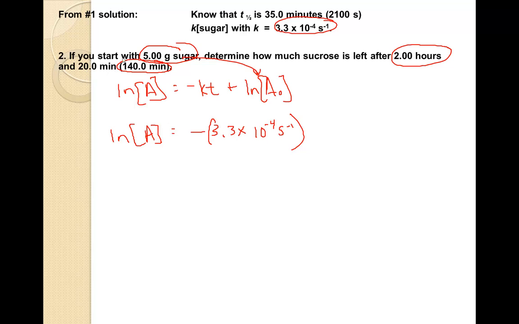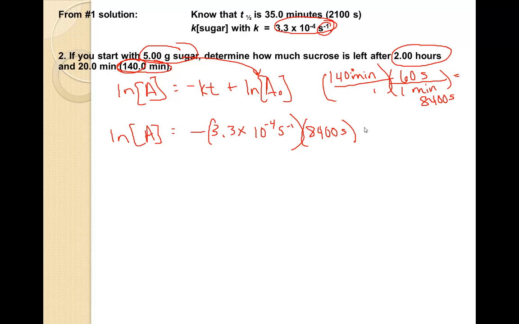They gave us hours and minutes, but our k is actually in seconds, so we need to make sure that matches up. 140 minutes, and for every minute there's 60 seconds. That comes out to be 8,400 seconds. Plus ln of A naught, which is the 5 grams.